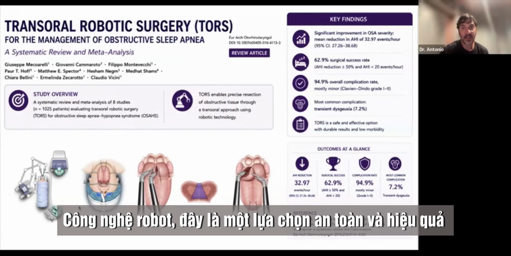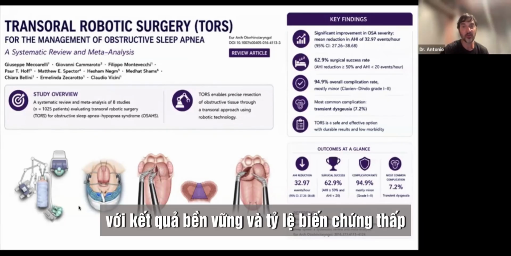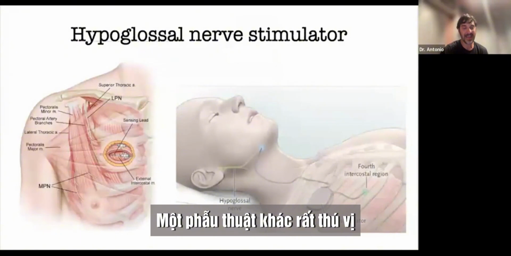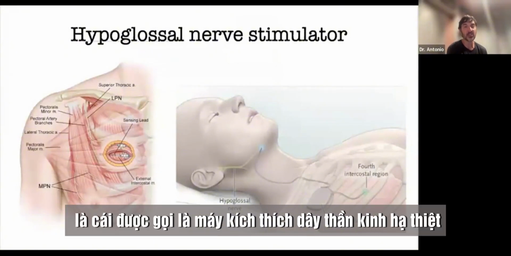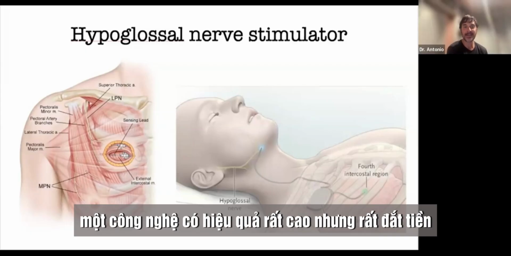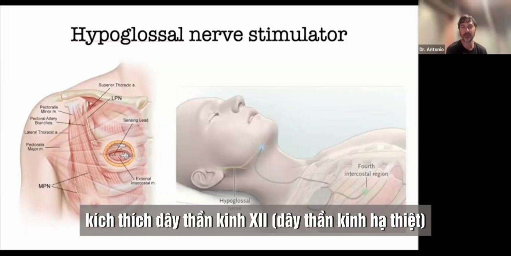It is a safe and effective option with durable results and low morbidity. Another very interesting surgery is the so-called hypoglossal nerve stimulator, a highly effective but very expensive technology.